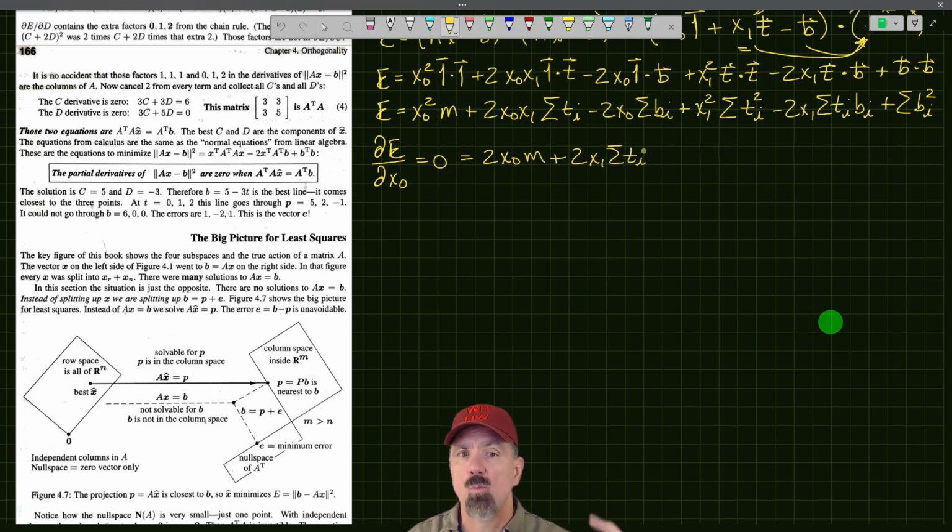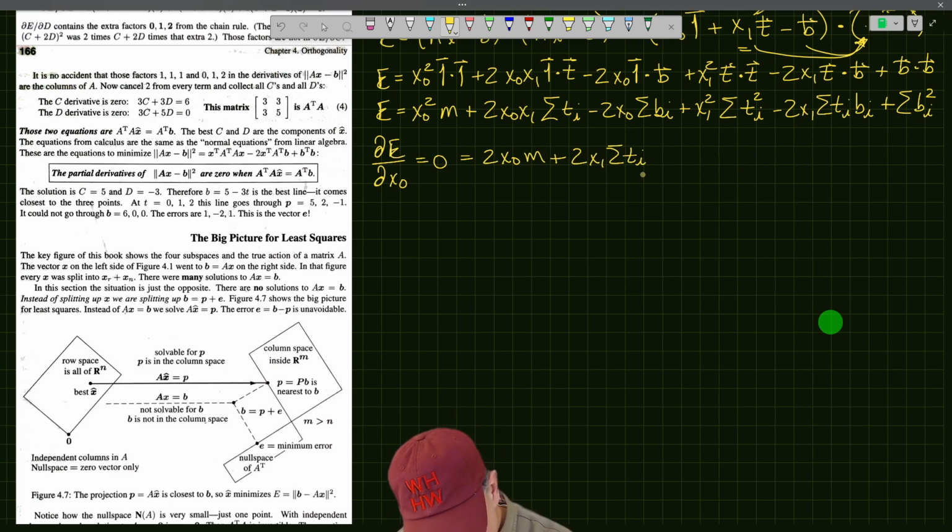All the sums go from 1 to m. I just left that off. And then there are no x naughts there, and there are no x naughts there, and we have, oh, this x naught term here, sorry. So we have minus 2 the sum of the b sub i's, and then the last 3 terms don't have any x naught in them.